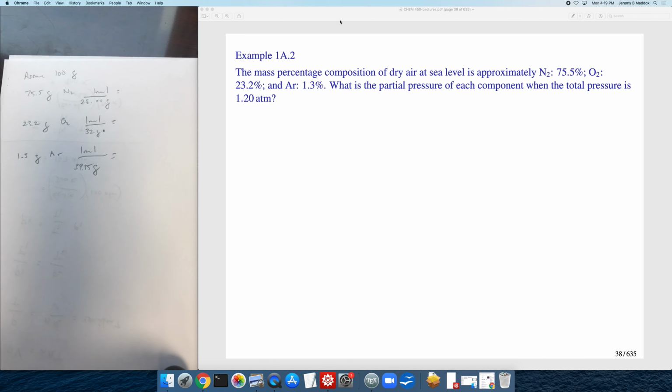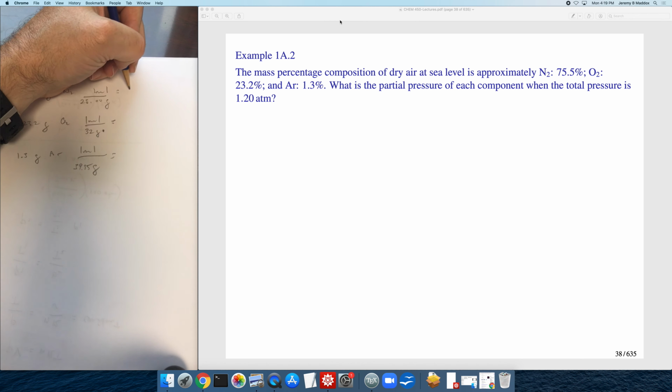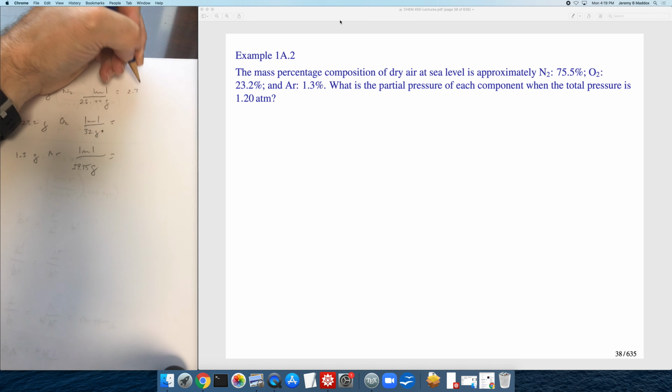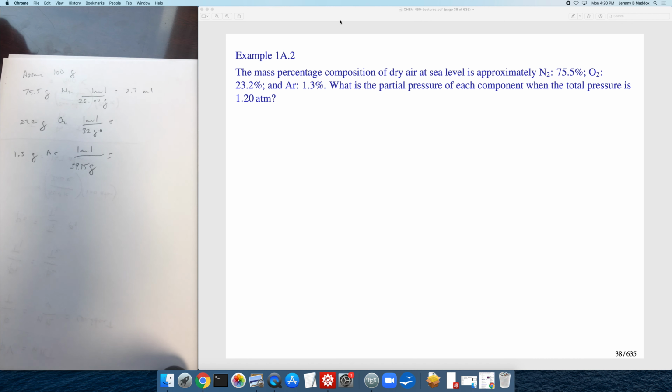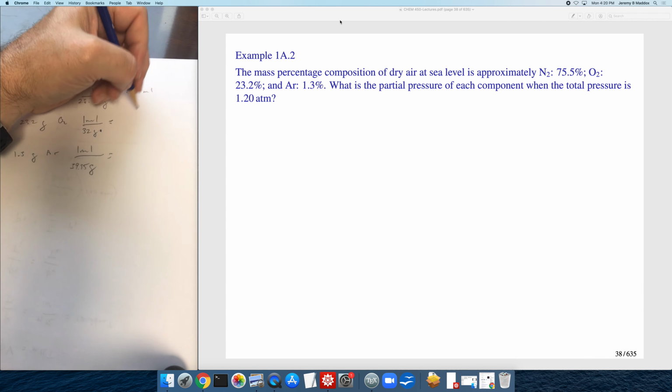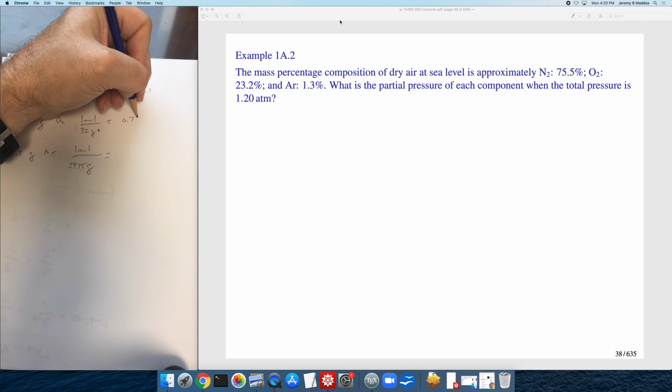And so we'll get these done real quick. 2.7 moles. I'm getting 0.73 moles.